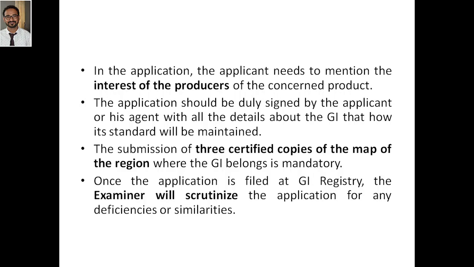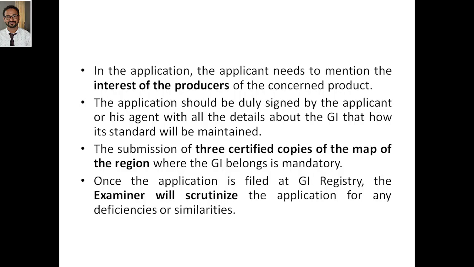So the interest of producers has to be mentioned in that application. The application should be duly signed by the applicant or his agent, with all the details about the GI. And remember one thing: whenever you say that your agent will be doing the filing on your behalf, you will also have to sign certain documents.